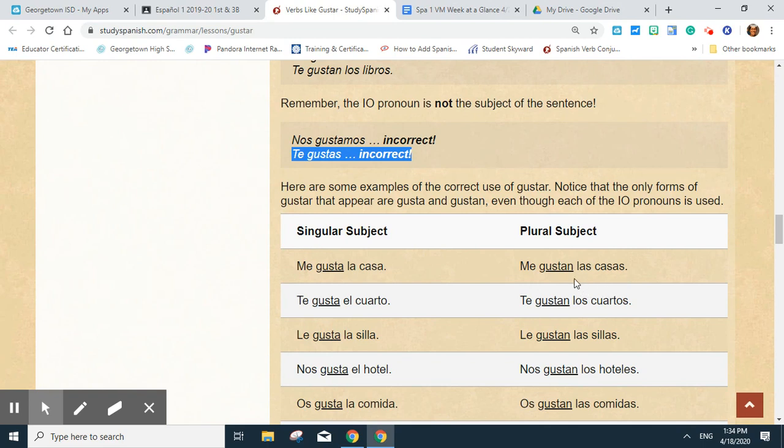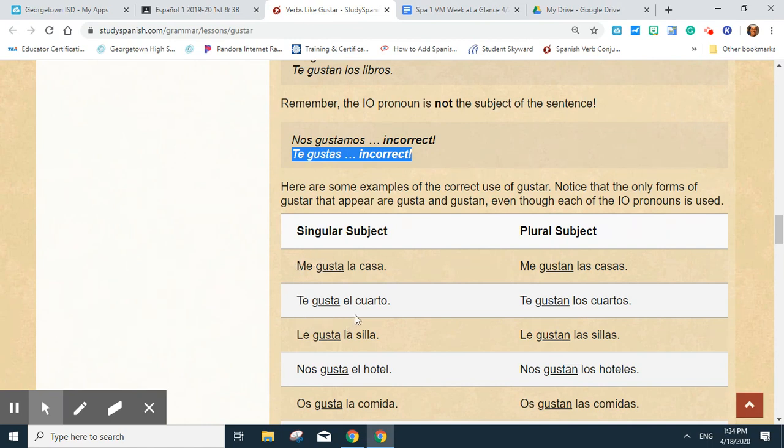Remember, I always tell you that this needs to match with this. If this is plural, this will be plural. If this is singular, then the verb will also be singular. Now remember, we're just using the example of gustar. The topic here is verbs like gustar. There will be other verbs that follow the same pattern.